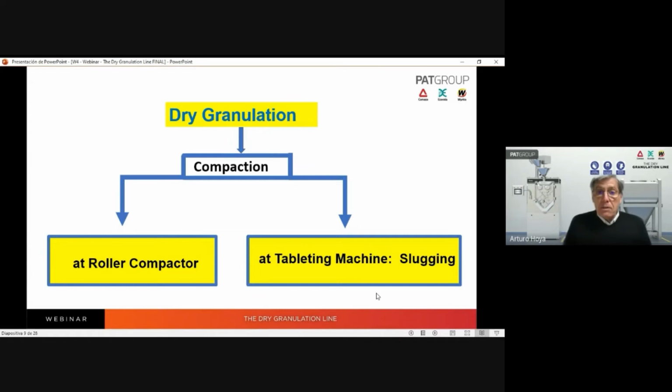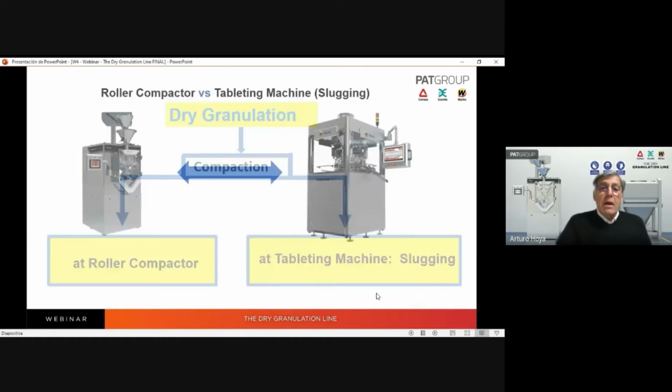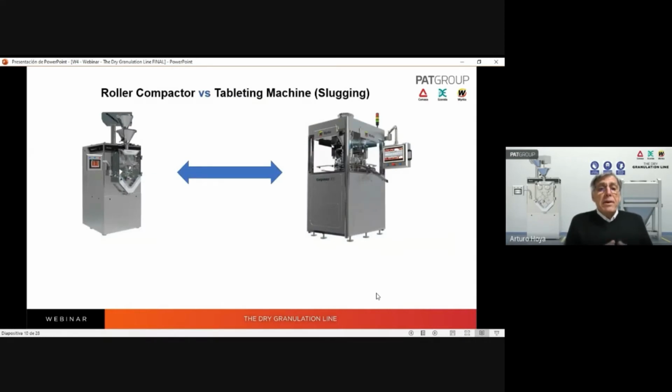Both modes, roller compactor or slugging, are used, but of course, the roller compactor has a lot of advantages over slugging. So let's compare both equipment, roller compactor versus tableting machine or slugging. The general comparison showed that roller compactor is a continuous process, but the tablet machine is a batch process.